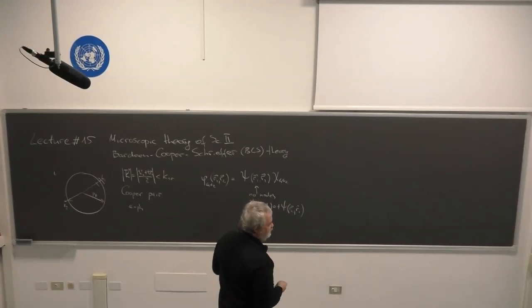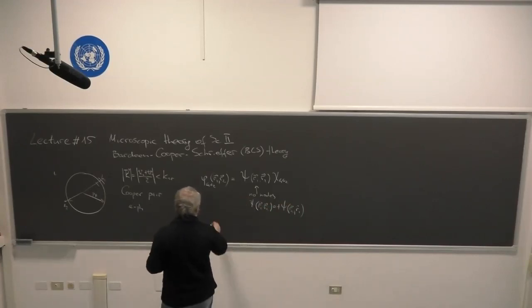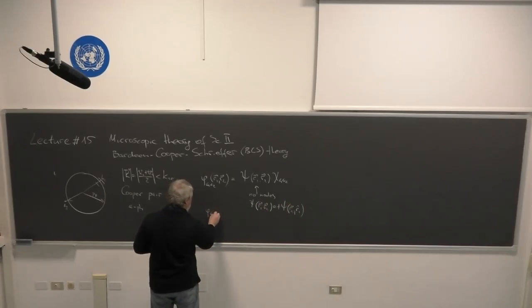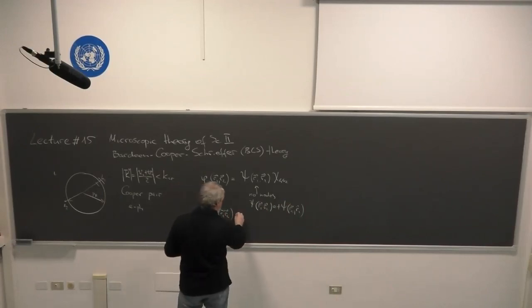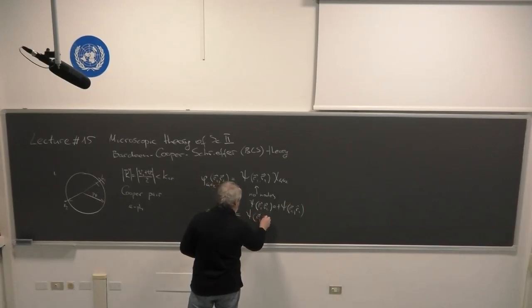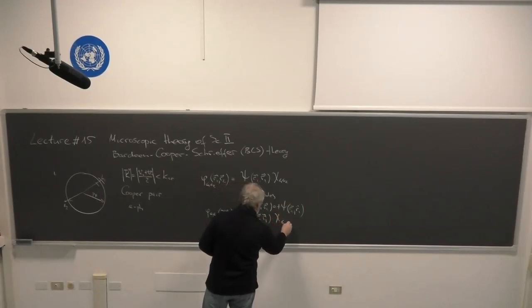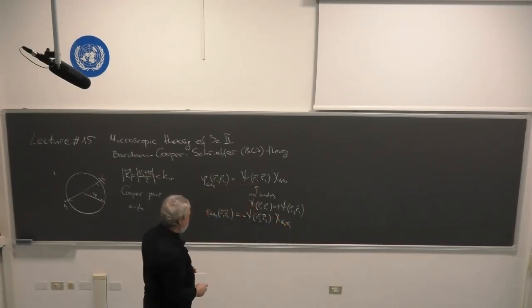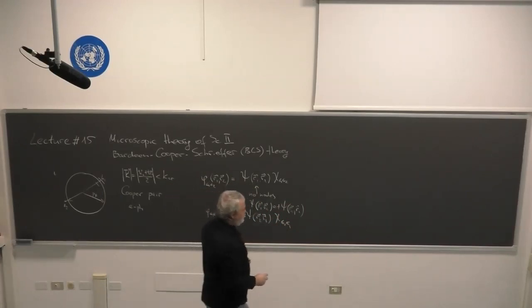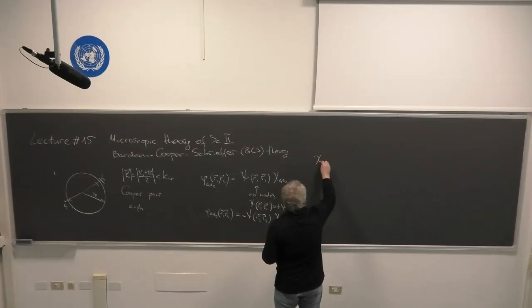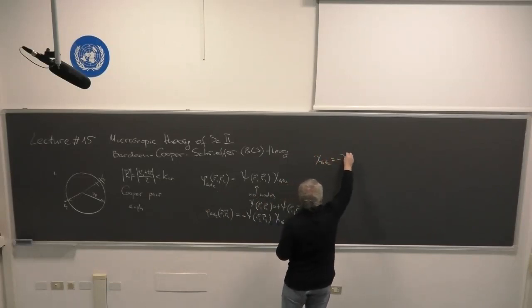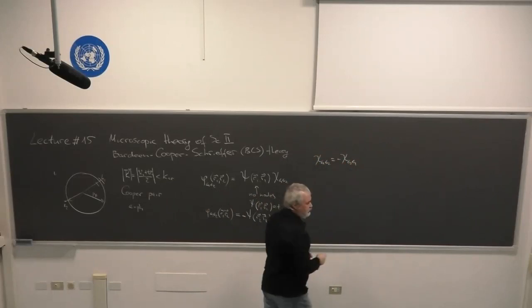However, we know that from the Pauli principle, the wave function phi(sigma 1, sigma 2, r1, r2) should be antisymmetric with a full replacement of all indexes. So this is psi(r2, r1), and the sign is minus, times chi(sigma 2, sigma 1). This is the Pauli principle. From this, we concluded that chi(sigma 1, sigma 2) is equal to minus chi(sigma 2, sigma 1), and the Cooper pair is singlet.